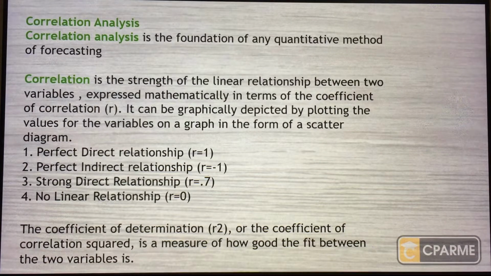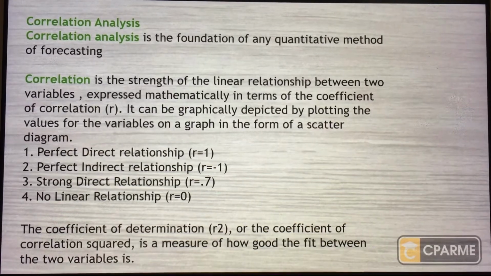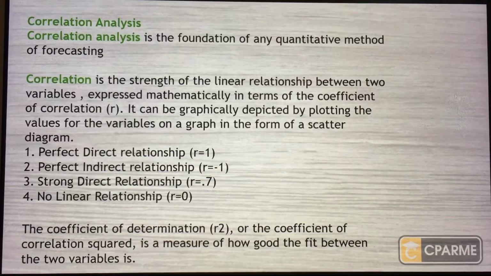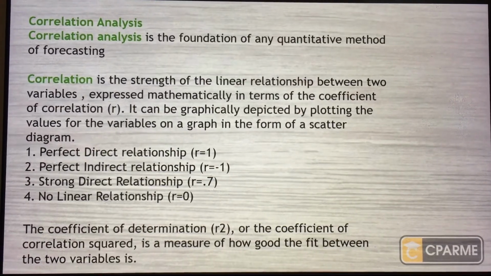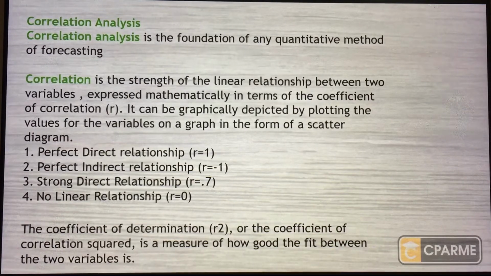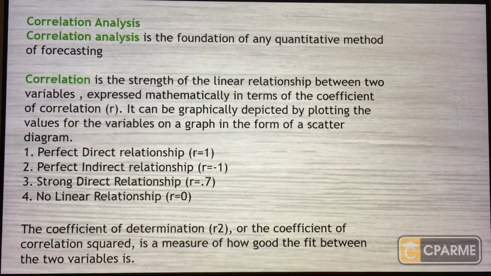Later on, we will know what that scatter diagram is, and the kind of relationship that the two variables exhibit. There are four classifications of the relationship once these two variables are plotted: the perfect direct relationship, the perfect indirect relationship, the strong direct relationship, and the no linear relationship.